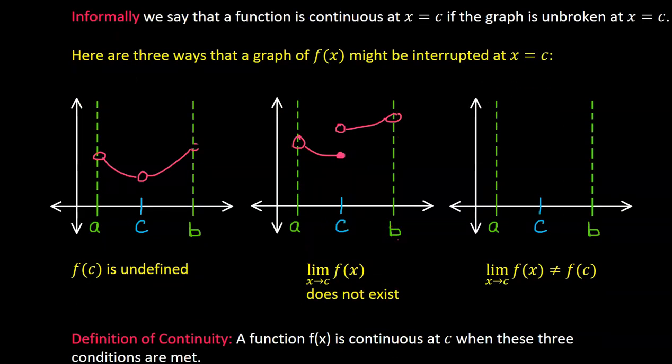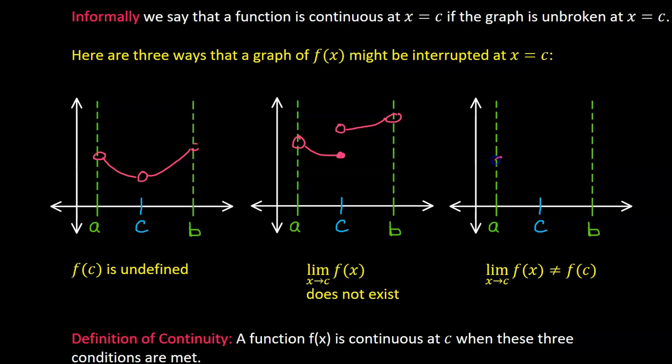The third way a graph can be broken or interrupted can happen even if the limit as x approaches c does exist, and even if the function is defined at c. Let's draw a function like this. So first of all, let's make sure the limit exists.